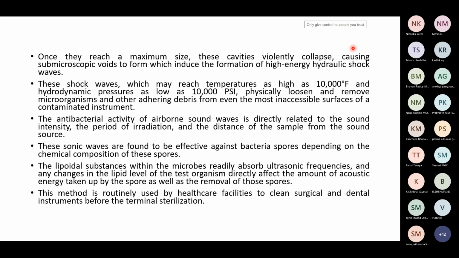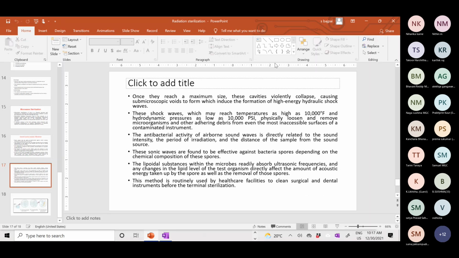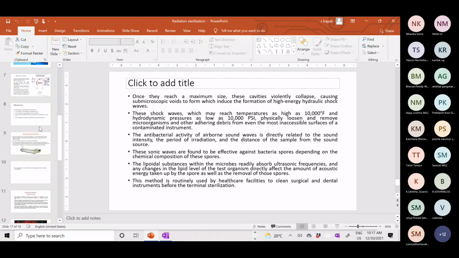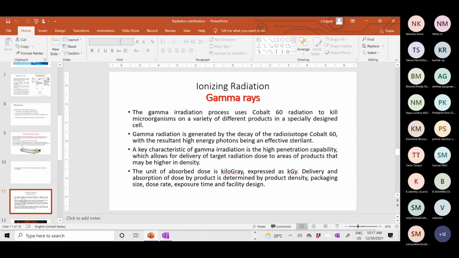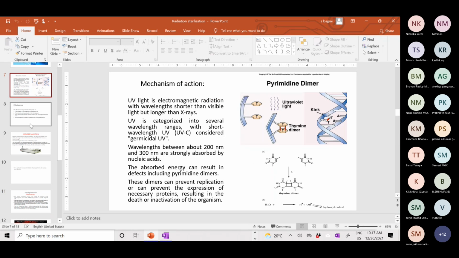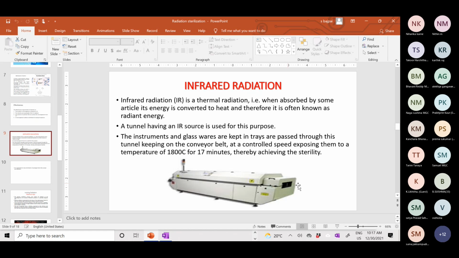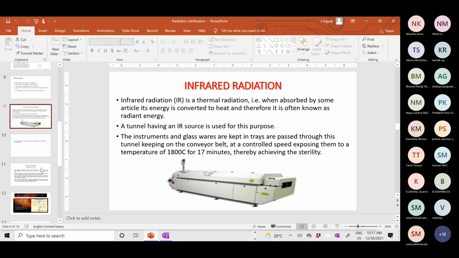Okay. So I hope till now we are done with the radiation methods. We are done with gamma radiation, ultraviolet, then infrared. The first is ionizing, and then we have seen the non-ionizing radiation: ultraviolet radiation, thymine dimerization, infrared, conveyor belt, where we treat at 1800 degrees centigrade for 17 minutes.